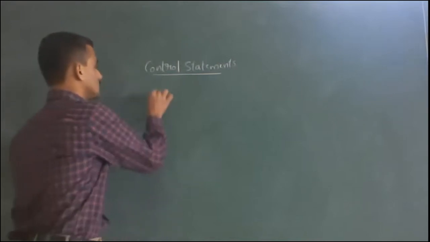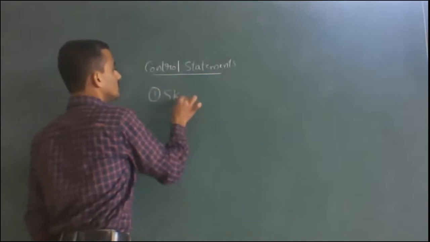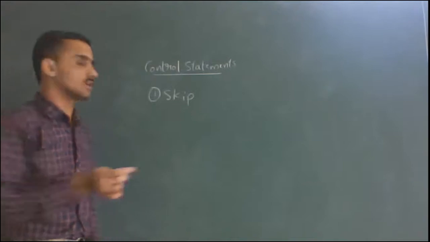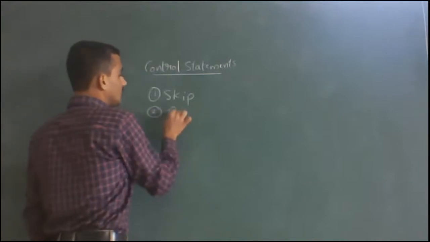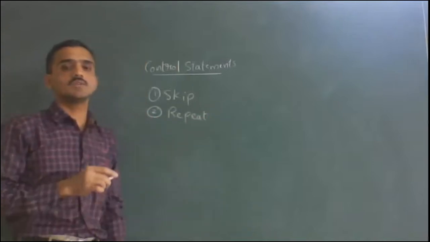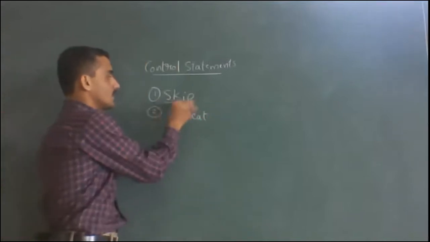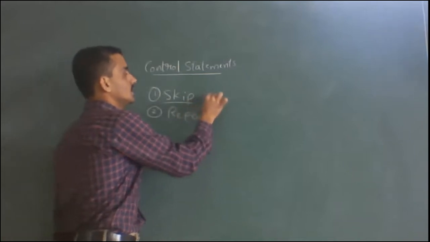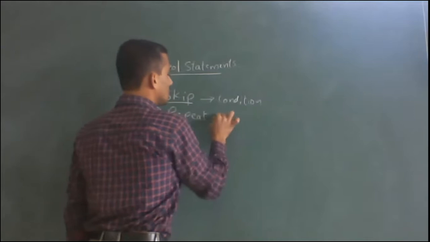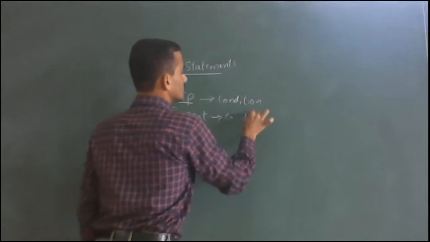Either it can skip the execution of statements because of some condition, or the second one is it can repeat the execution of statements. The second thing we have to discuss now. It can skip based on the condition, and again based on the condition only, it can repeat the execution of statements.